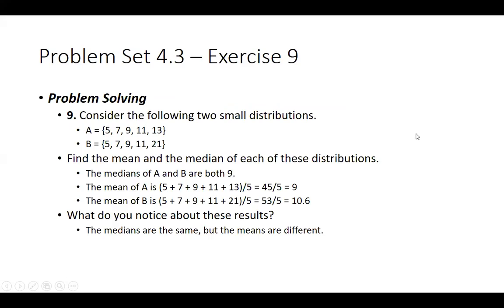In number 9, we're going to consider the following 2 small distributions. A is the distribution 5, 7, 9, 11, 13. B is the distribution 5, 7, 9, 11, 21.